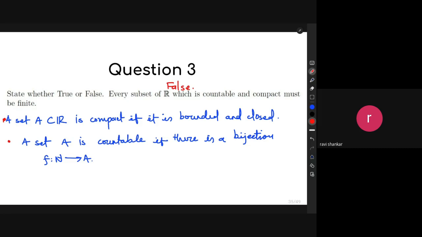In other words, what do we mean by compact? It needs to be closed also. So basically, all the limit points need to be part of that set, and it needs to be bounded also. You can always find its upper bound and lower bound.